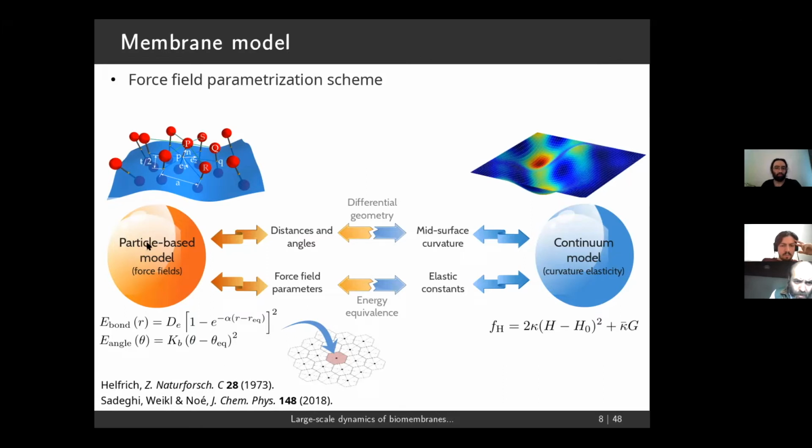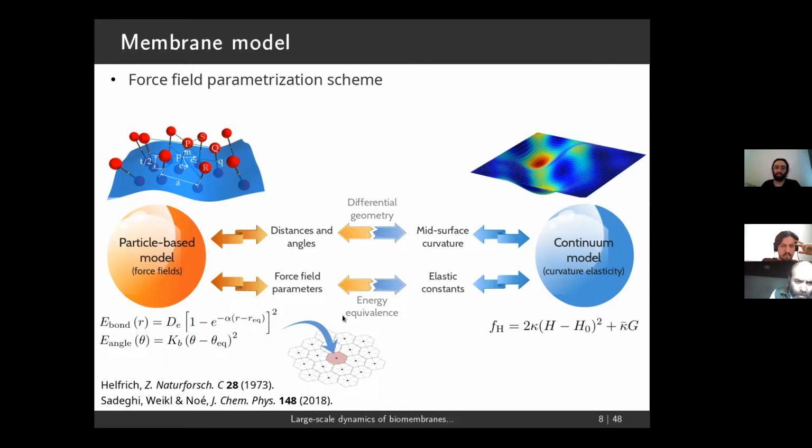And from a particle-based perspective, we have a usual force field. In this case, Morse interactions for bond stretching between one particle and its neighbors, and a harmonic angle bending. And these could be added up, and an effective energy density could be calculated on this hexagonal lattice of particles. So ideally, these two would match.